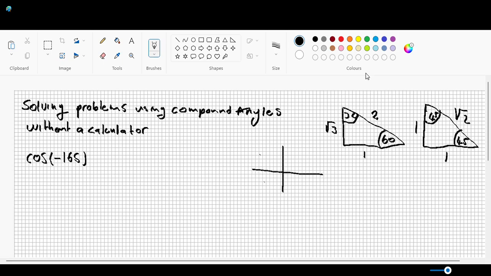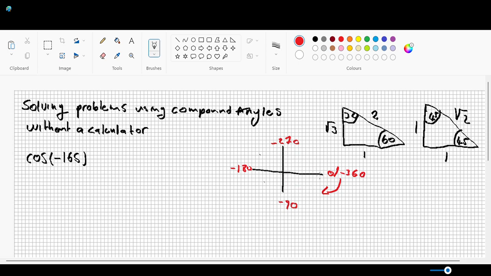Alright, I'm gonna use a different color so that you are able to notice it. So when we go this way, you need to understand that 0 is still 0, but this one is gonna be negative 90, here is gonna be negative 180, and there's gonna be negative 270, and then going back to the origin, which is negative 360.